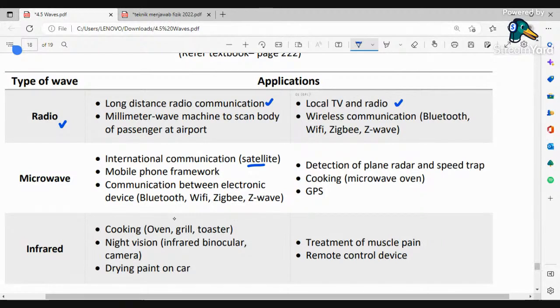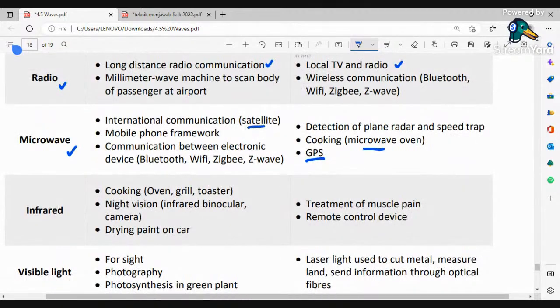Mobile phone framework. Communication between electronic devices: Bluetooth, Wi-Fi, Zigbee, Z-Wave. Okay, the applications are many. Detection of plane by radar and speed trap. Cooking, microwave oven, GPS. This is microwave. Infrared oven, you can see when the heating element becomes hot, then it glows, it produces infrared.